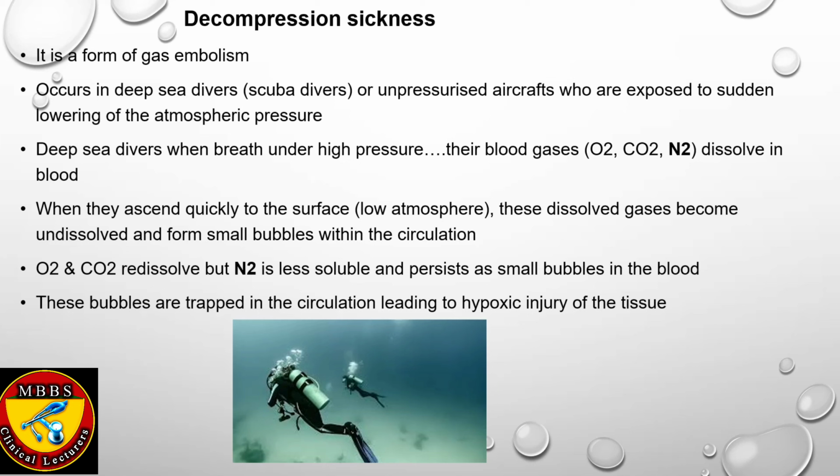These undissolved bubbles like oxygen and carbon dioxide again redissolve, but nitrogen, remember, is less soluble and persists as small bubbles in the blood. It passes in the circulation, right? And this is one form of air embolism or gas embolism, you can say. So these bubbles are trapped in the circulation, leading to hypoxic injury of the tissue.